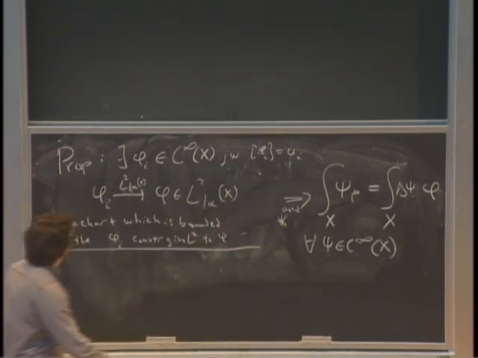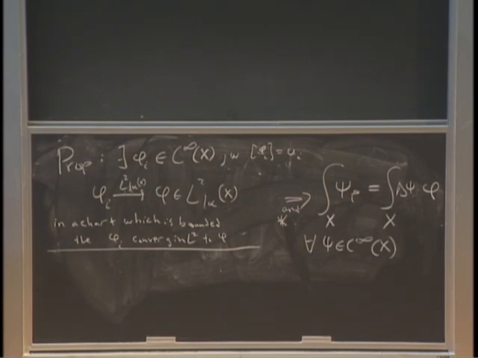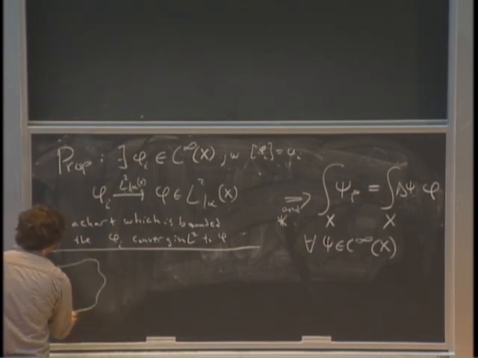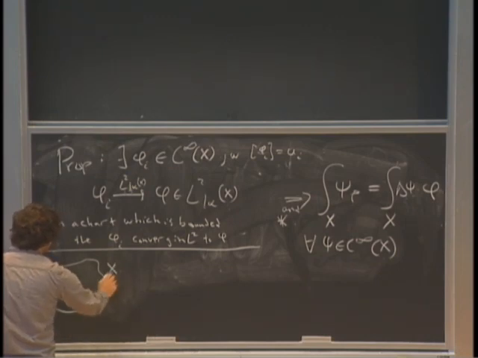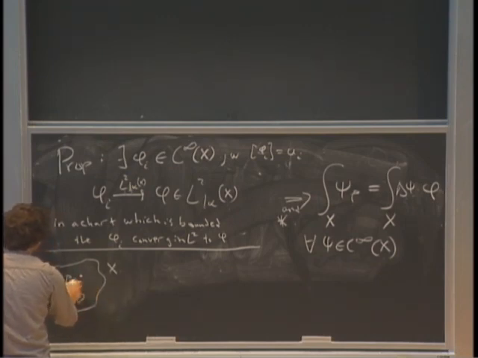Okay, so to give a general idea of a proof, let's look at our surface X. I don't want to get too involved in it, but here's X, and we pick a point P, and let's pick a chart around P, and let's pick another chart.